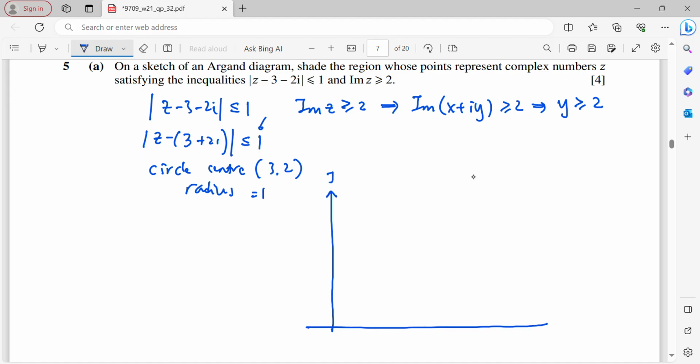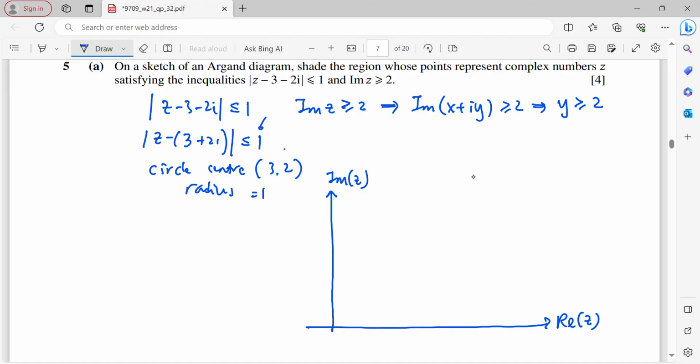Let's say this is imaginary and this is the real part or real axis. Okay, now I will draw the circle first.